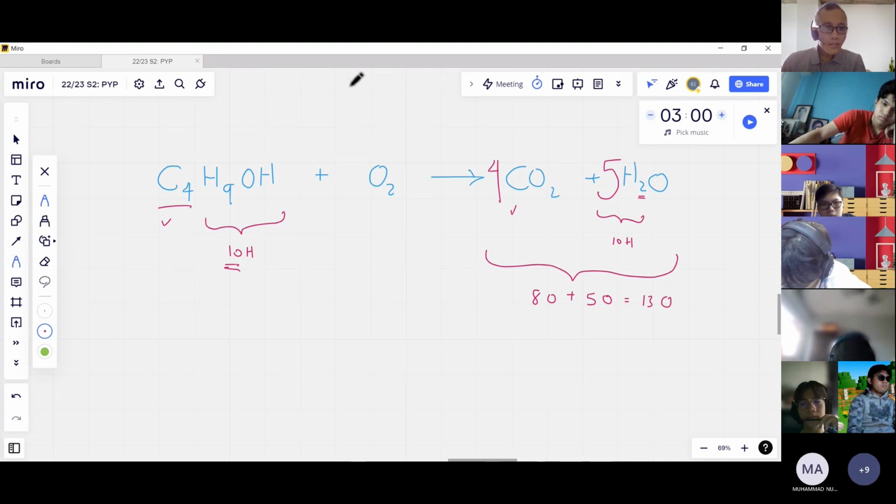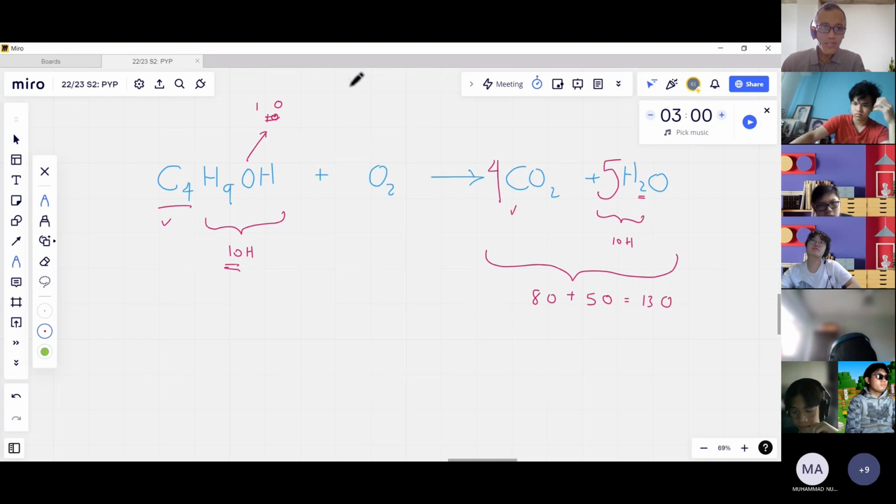How about my left hand side? Left hand side I only have 1 oxygen here, and here I have 2. The simple way is, don't make any change here, make the change here.